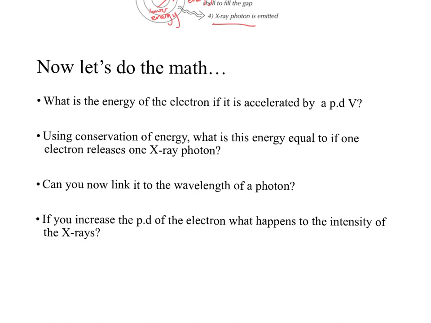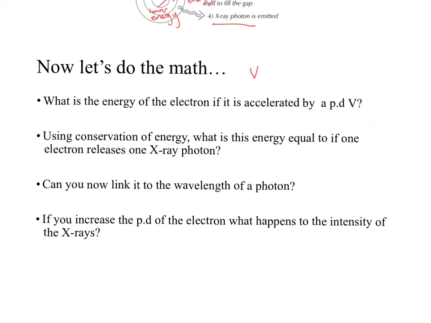Now, if we do the maths for it, we have seen quite a similar method in the electron gun. This is a topic that we've done in electricity in year 12. If we have a potential difference and we're accelerating an electron, or a charged atom or ion, then we can calculate the energy that that charged particle will have if it's accelerated through a potential difference.